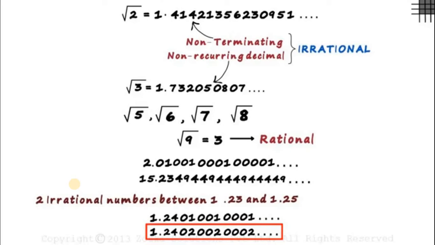That's your second irrational number. So to find irrational numbers between two numbers, just write a rational number between them and add non-terminating and non-recurring digits after that decimal. Okay, do you understand?